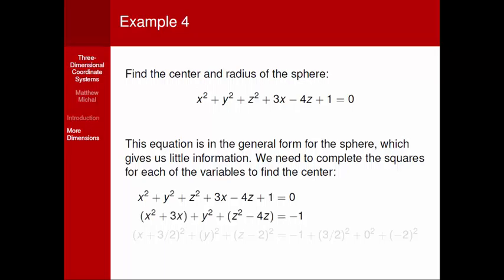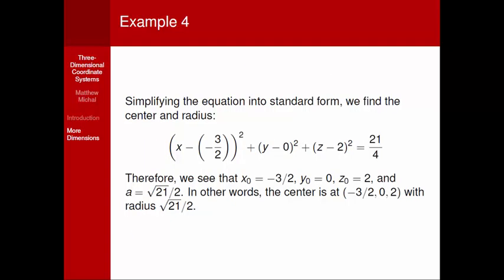Group by x's and z's, since y is already done. Move the negative one to the other side. Complete the square. And we see that we get a radius of square root of 21 over 2 and a center at negative 3 halves, 0, 2.